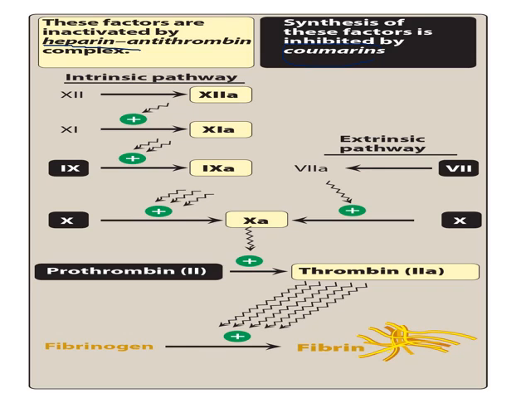Here we can see that coumarins are decreasing the synthesis of factors 2, 7, 9, 10, while heparin, by binding to antithrombin, is inactivating factors like 11A, 9A and 10A, and also thrombin.